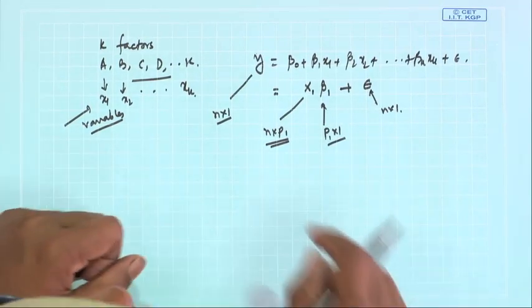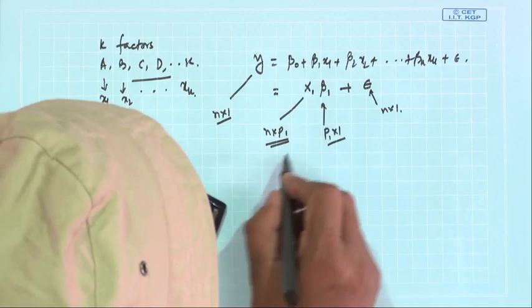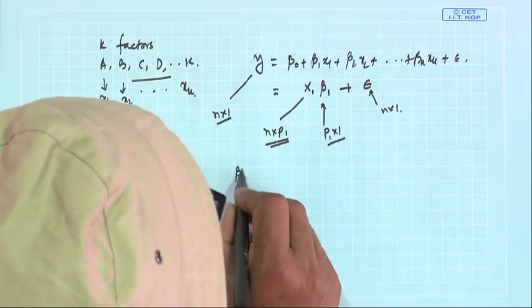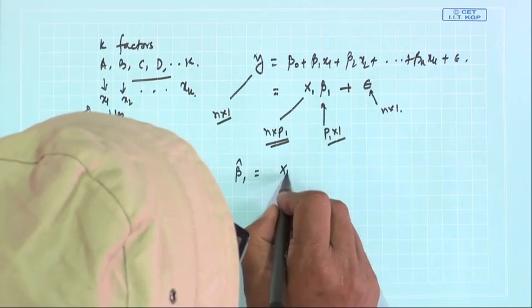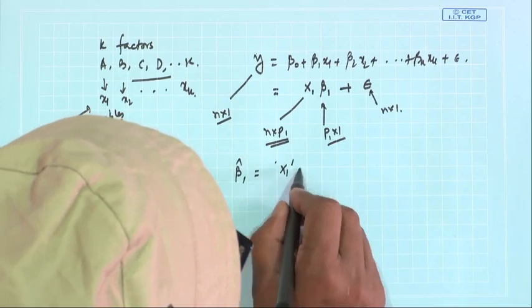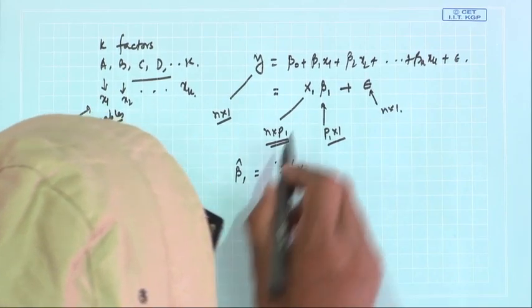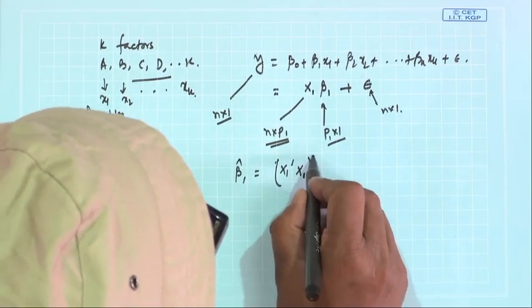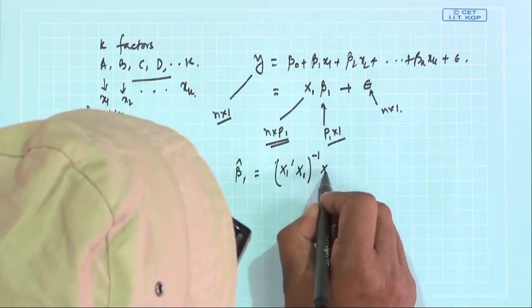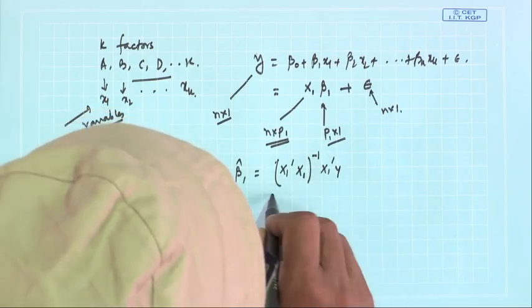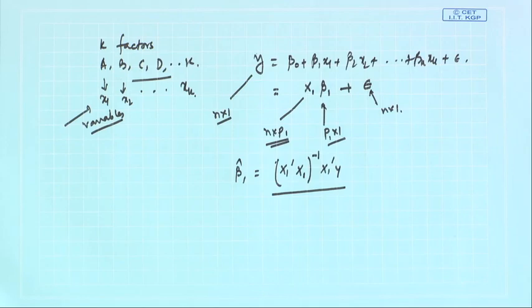You know that beta 1 cap is equal to x 1 transpose x 1 inverse x 1 transpose y. That is the formula you have used earlier.